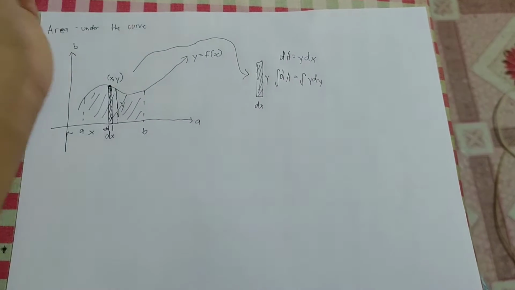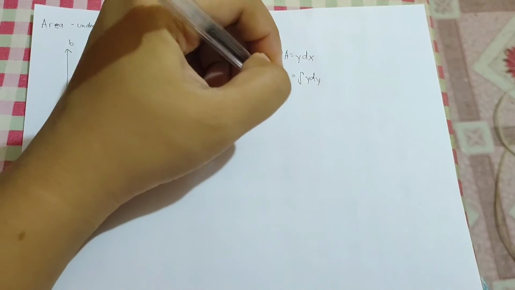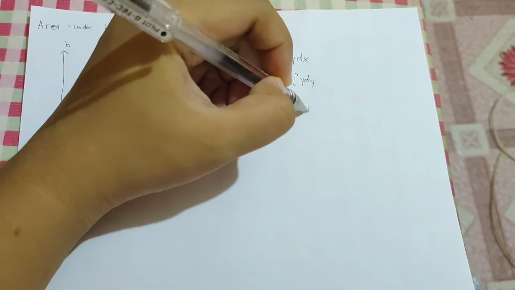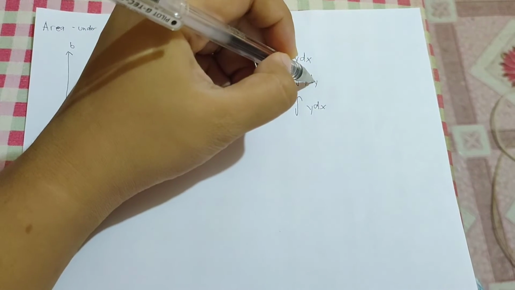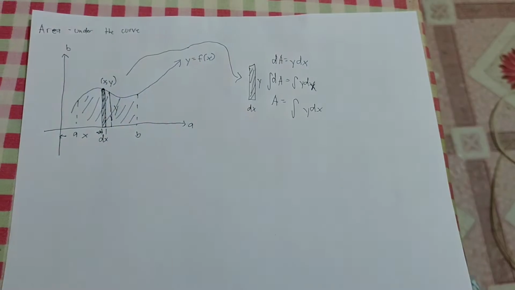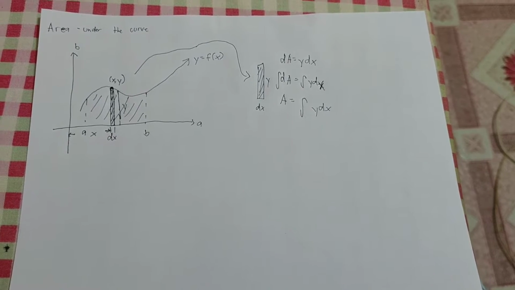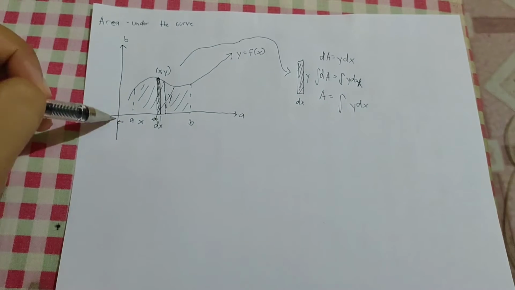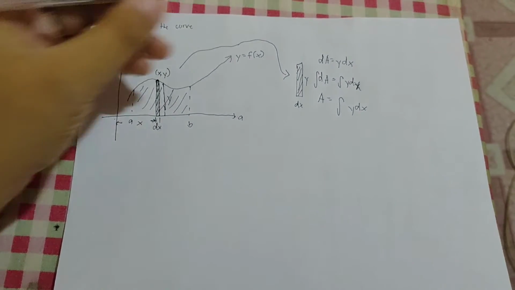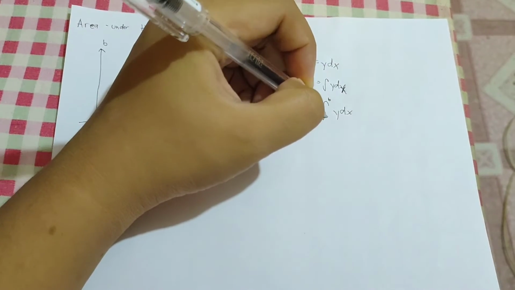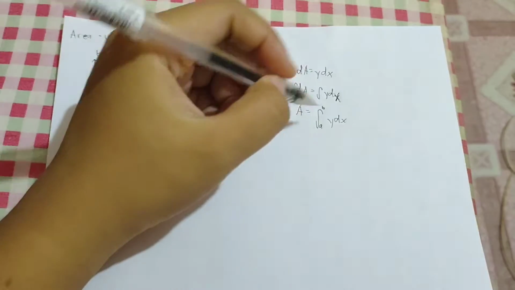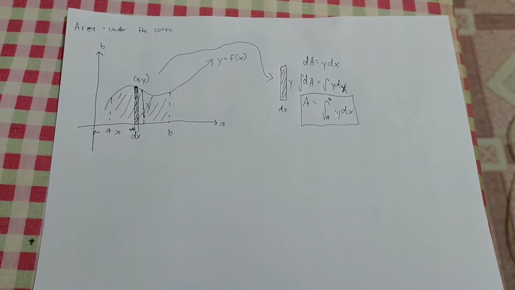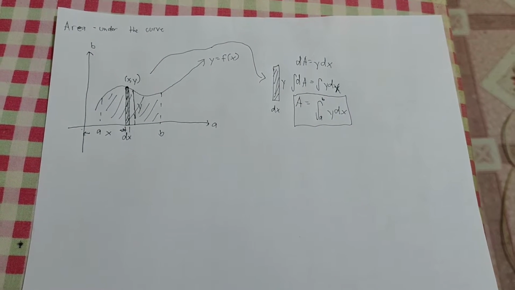The integration of dA is just A. I mean, this is x. So our limit would be from here to here. That would be our limit. So our limit is from b to a. That's it. This is our formula in getting the area under the curve.